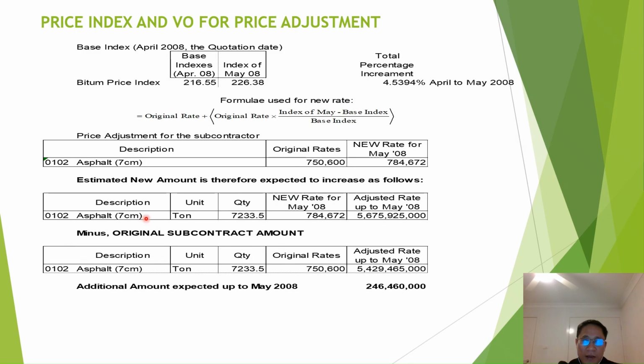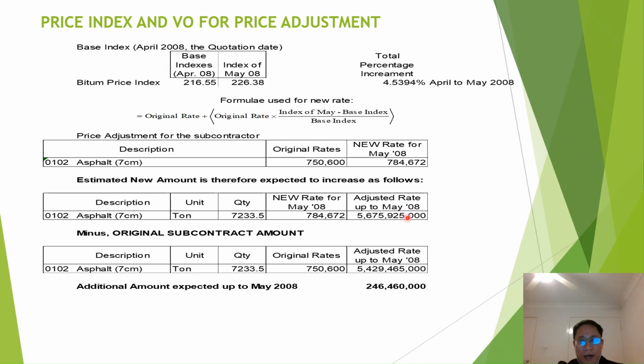Following the quantities of asphalt, new rate and adjusted rate, we multiply quantity by the new rate and minus the original subcontract amount, the original amount.